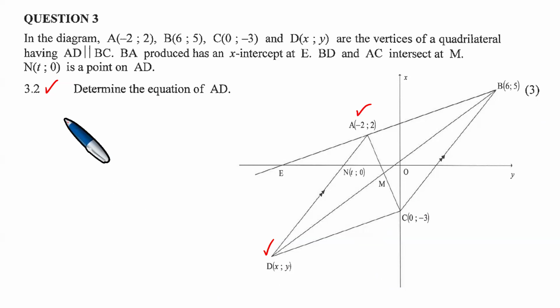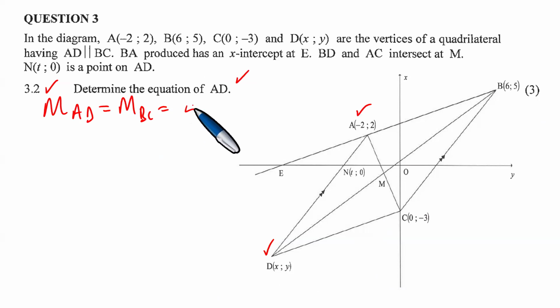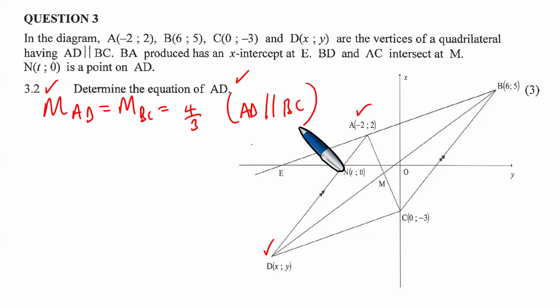So to find the equation of AD, we need the gradient of AD. We will write, therefore, that the gradient of AD is equal to the gradient of BC, which is 4/3. Why? Because AD is parallel to BC. Parallel lines have equal gradients. So we use that fact.